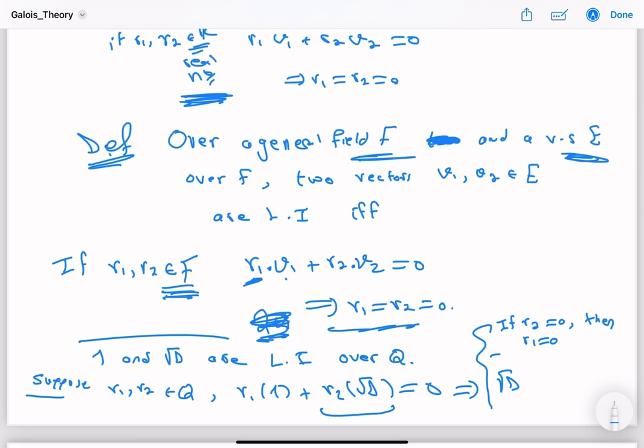Now, if r2 is not 0, then we can rewrite this equation: we can write square root of d as minus r1 over r2, but this is a contradiction. Why is it a contradiction? Because square root of d is an irrational number, since we assume that d is not a perfect square, and minus r1 over r2 is a rational number. If you divide two rational numbers, you still get a rational number, but this cannot be true, and thus this is a contradiction, and it must be the case that r2 is 0, which means r1 equals r2 equals 0.